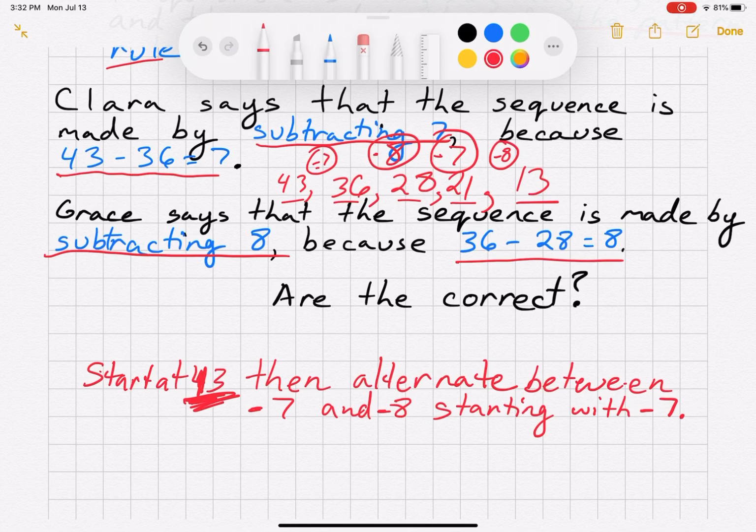So now if I handed this to someone, I'd say, okay, what you're going to do is alternate between subtracting 7 and 8, starting at 43, and then working your way down. So 43, and then that would be 36, and then I would just double check it, right? And I would end up with the same sequence. Okay, so there's some problems there for you to work on.